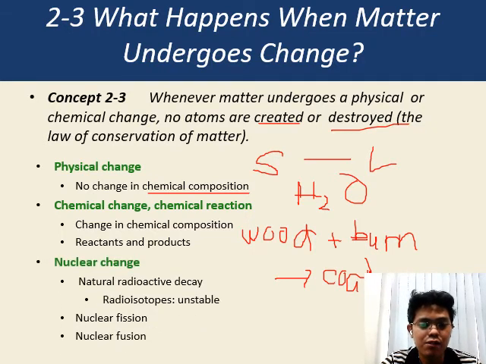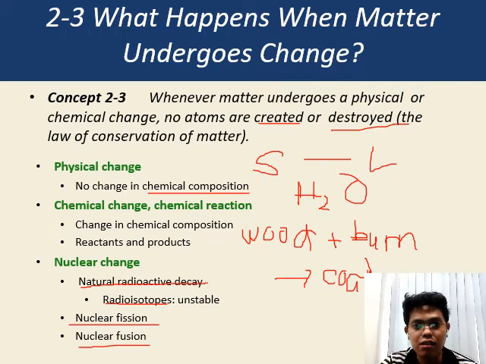Then we also have nuclear change. Nuclear change happens when there is natural radioactive decay, especially for radioisotopes. Radioisotopes are atoms that have unstable protons and neutrons. Another example of nuclear change is nuclear fission and nuclear fusion.